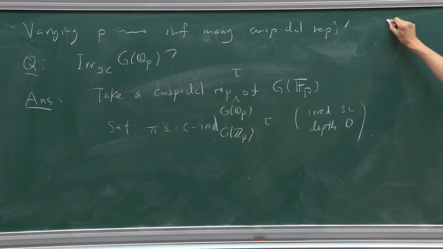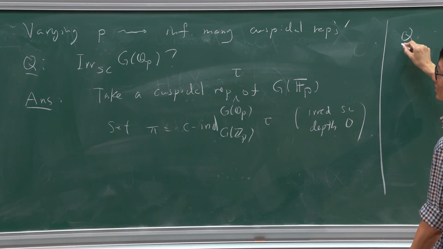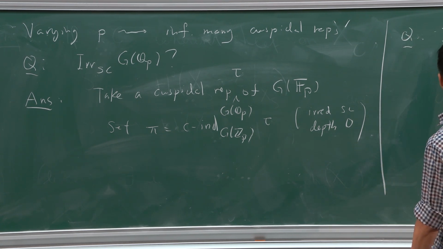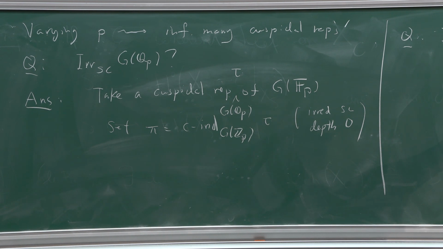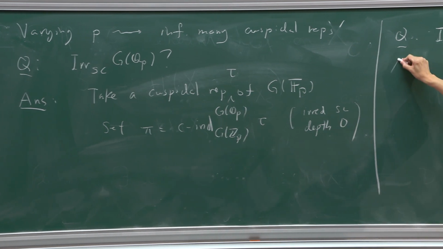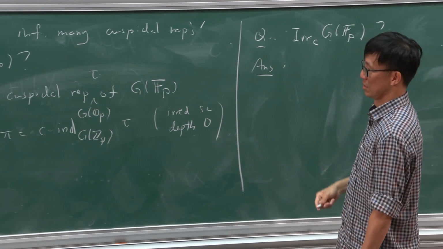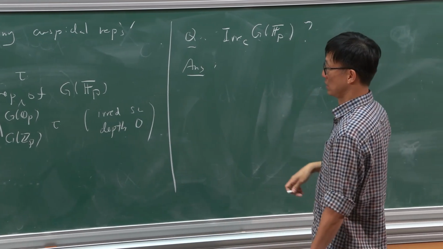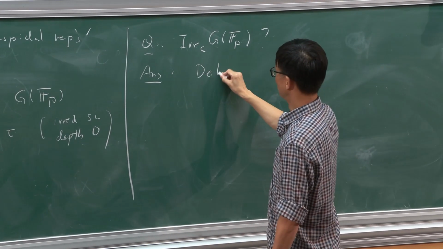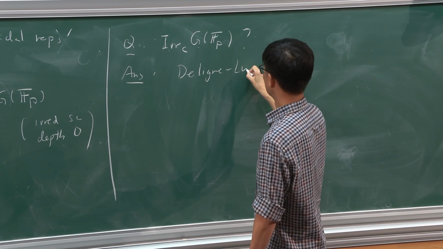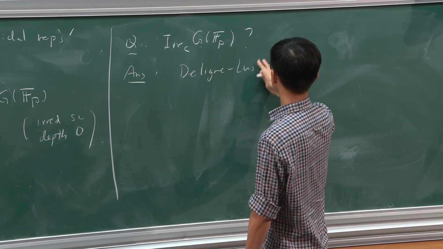Of course, now you ask, how do I know that there are cuspidal representations of GL2(F_p)? The short answer, going back to before Corvallis, is because the linear algebraic groups people tell you so.